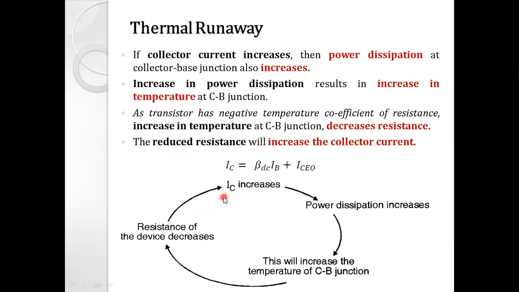and that current is nothing but the IC. So IC will further increase, and because of that, power dissipation will also increase, and due to that, temperature at the collector base junction will also increase, and furthermore reduction will happen in the resistance, and because of that, collector current will further increase. So it is an ongoing process, right?